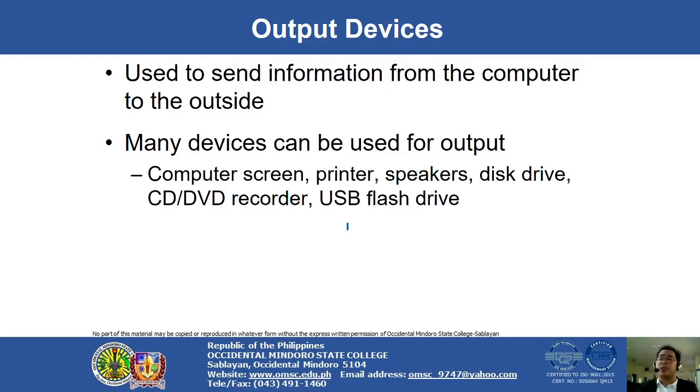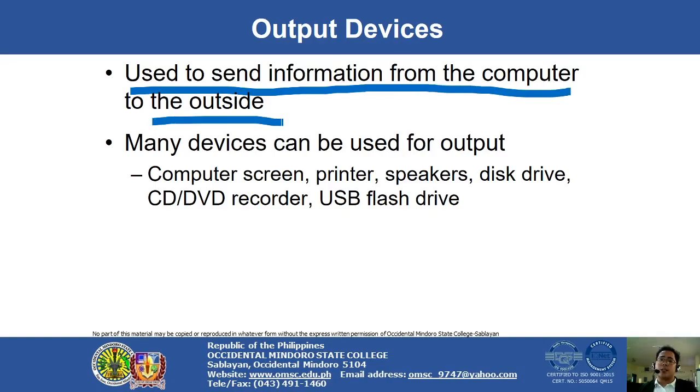So, in output devices, it's kabaligtaran ng ating input devices, yung output. Meaning, used to send information from the computer to the outside. So, meaning, yung kanina, yung input, mag-i-input tayo ng information sa computer from the outside. Now, sa output is, we're gonna send an information from the computer papunta saan?